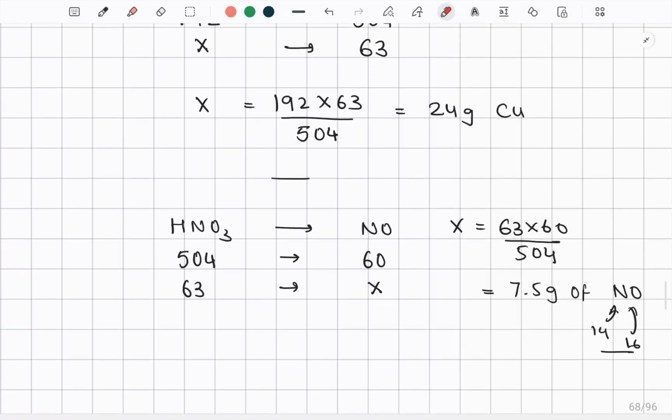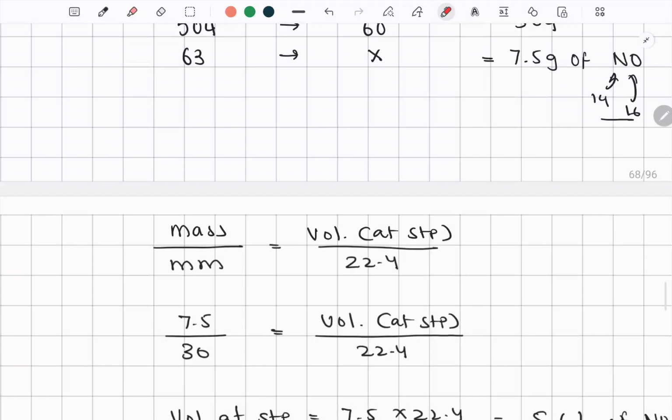In the second part, for calculating the volume of nitric oxide, we used the same unitary method, but this time for nitric acid and nitric oxide. We said that if 504 gram of nitric acid produces 60 gram of nitric oxide, then 63 gram of nitric acid will produce x gram of nitric oxide. We solved for x and got 7.5 gram of nitric oxide.